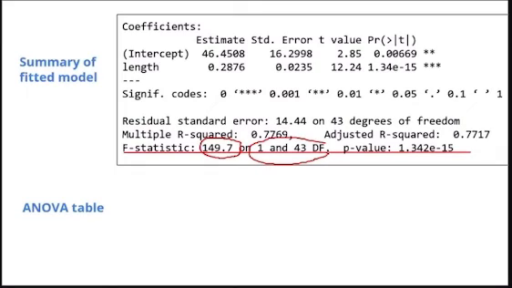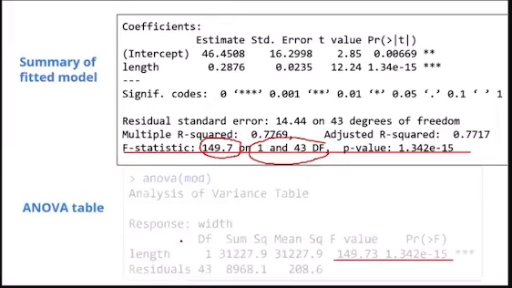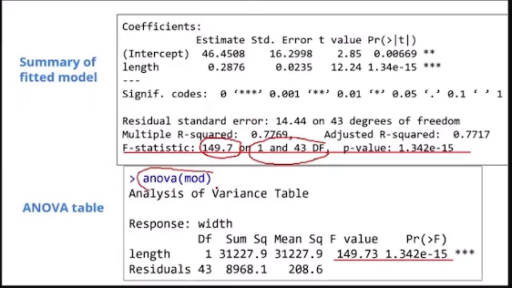And how are you going to get, for instance, if I wanted to use R to obtain sum of square regression, sum of square total, sum of square error, how are you going to do that? You're going to do anova into your mod. Do you see this? anova(mod).